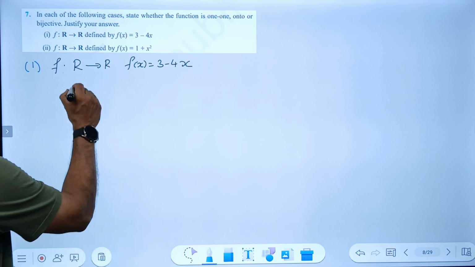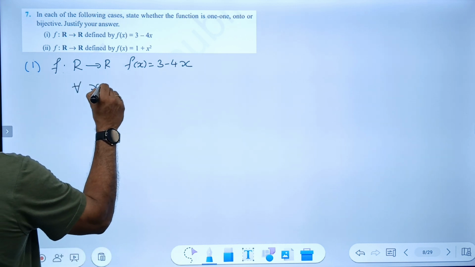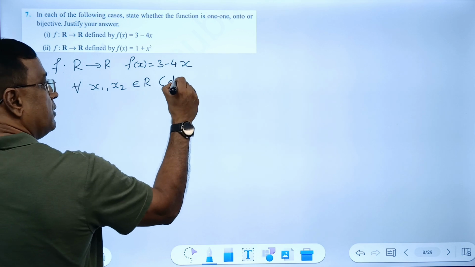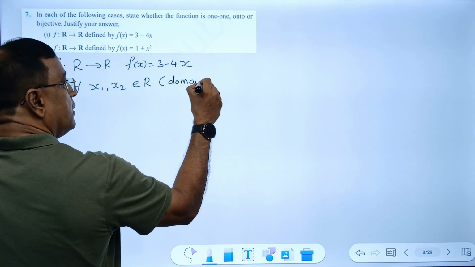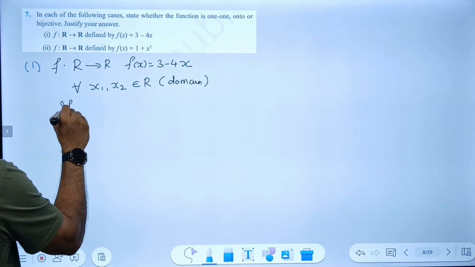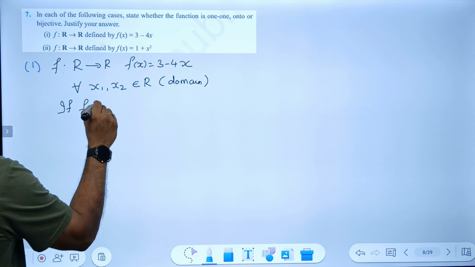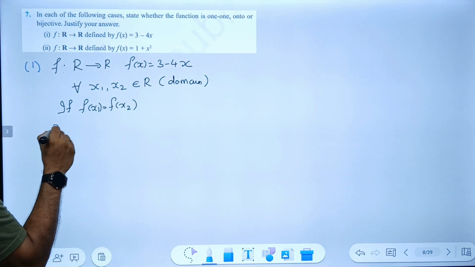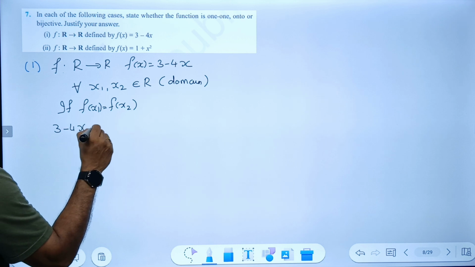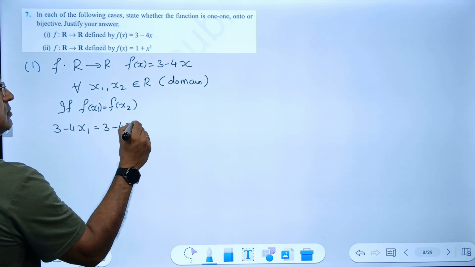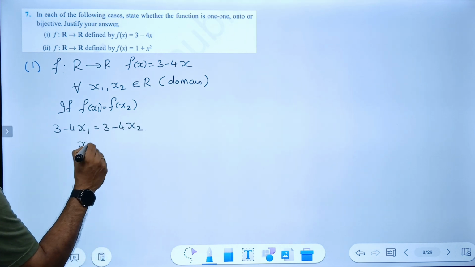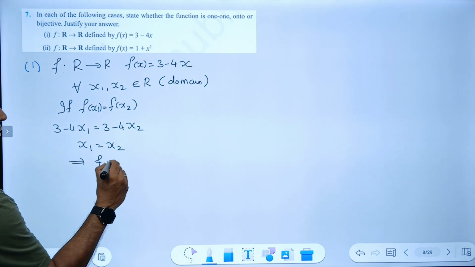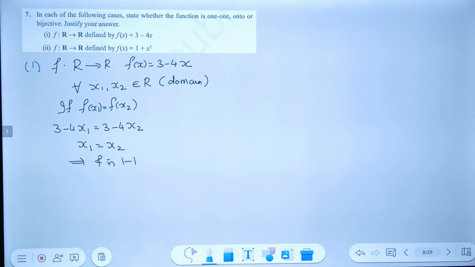So now for every x1, x2 belonging to the real numbers in the domain, if f of x1 equal to f of x2, what do you know? 3 minus 4x1 equal to 3 minus 4x2. So obviously x1 will be equal to x2. This shows that f is 1 to 1.